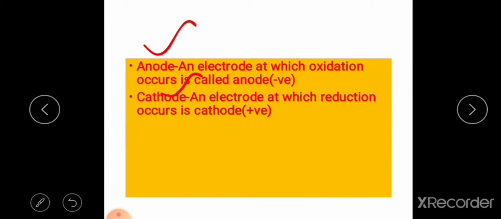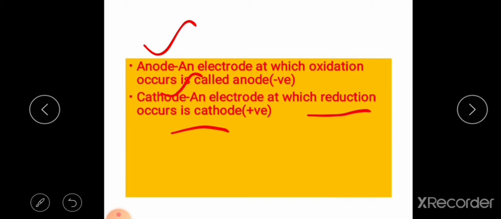So what is the anode? An electrode at which oxidation occurs. I already said oxidation always occurs in the highly reactive metal and reduction always occurs in the less reactive metal. So the highly reactive metal is the anode, and the less reactive metal is the cathode. Keep it in mind.